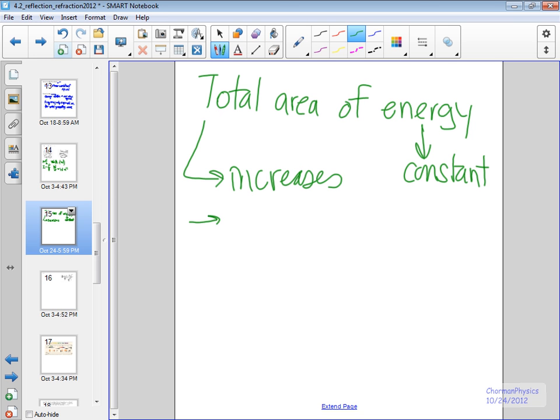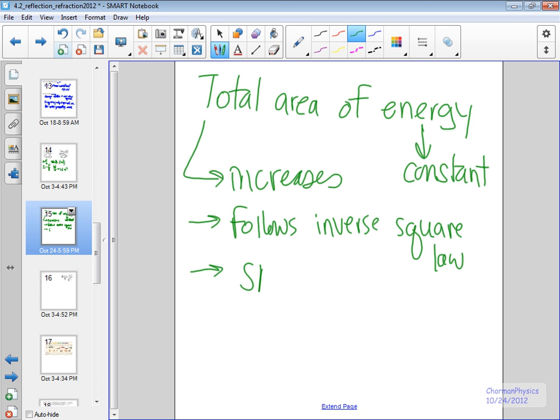In fact, it increases in such a way that it follows an inverse square law. And that total area is the surface area of a sphere. And that surface area is equal to 4 times pi times r squared.